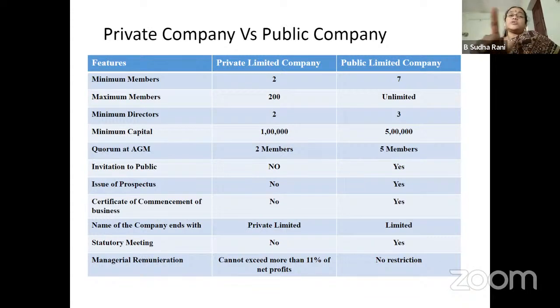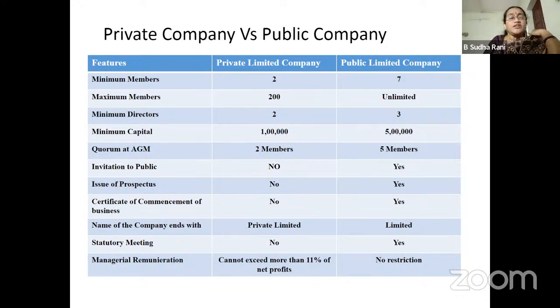So they will not issue the prospectus also. Whereas a public limited company will invite the public to subscribe to their shares. So that invitation they give through a prospectus.